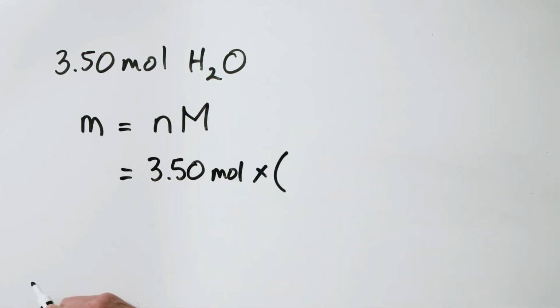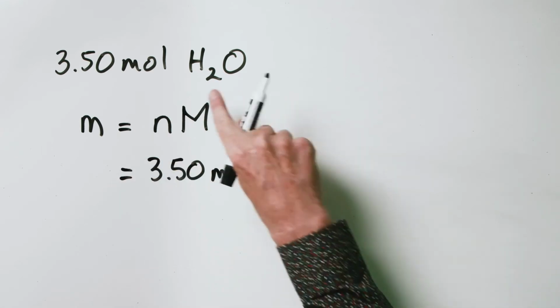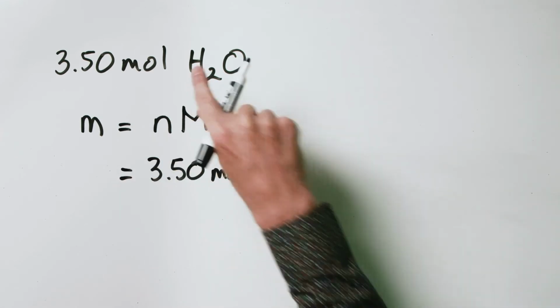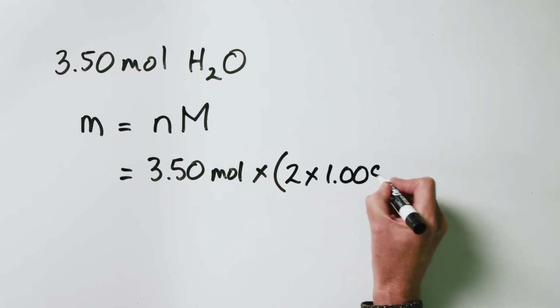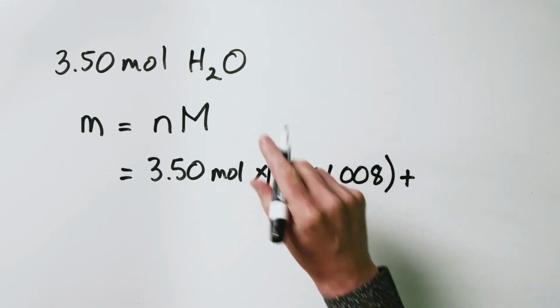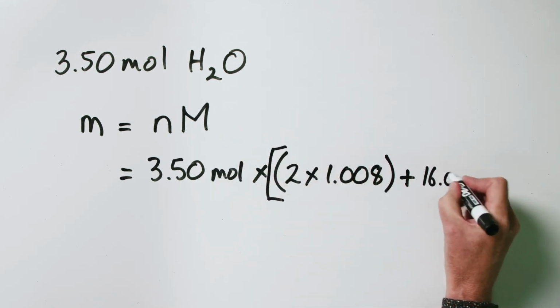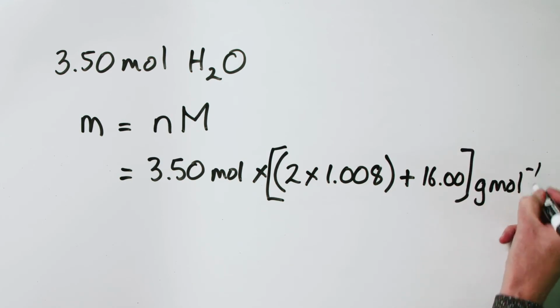water. Where do we get the molar mass of water from? We go to the periodic table again, and we say the molar mass of water is going to be 2 times the molar mass of hydrogen, which is 1.008, plus the molar mass of oxygen, which is 16.00, and that's going to have units of grams per mole.